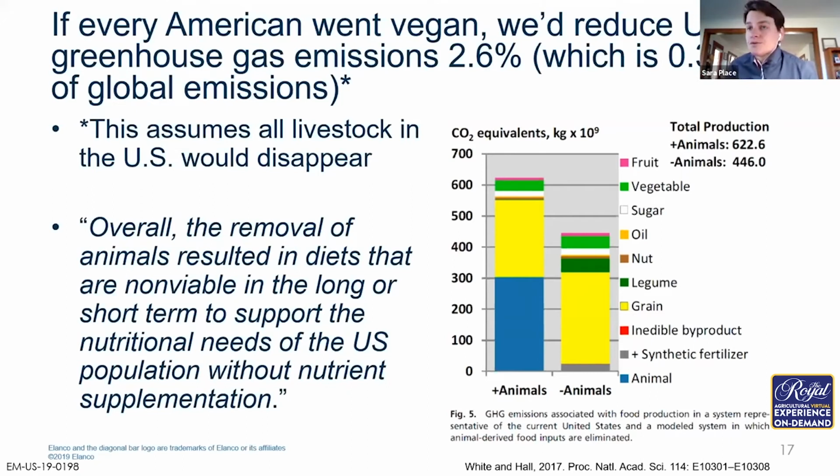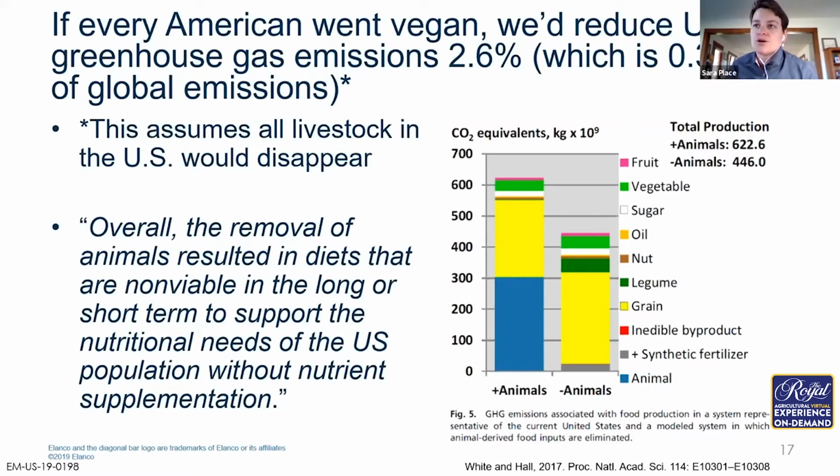They serve other roles, right? One of those roles is they recycle nutrients through our agricultural system, meaning manure, right? Manure is a key source of fertilizer for some crops. So if we get rid of the manure input, now we have to use more, what we can say, exogenous nutrients, right? And that's where this synthetic fertilizer increase comes from in this minus animals scenario. We also have to grow more legumes, partially for the same reason.